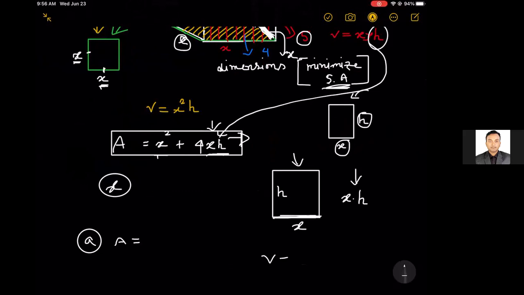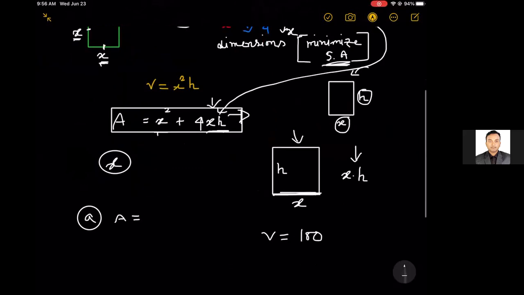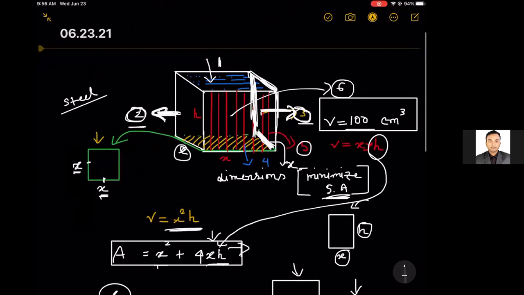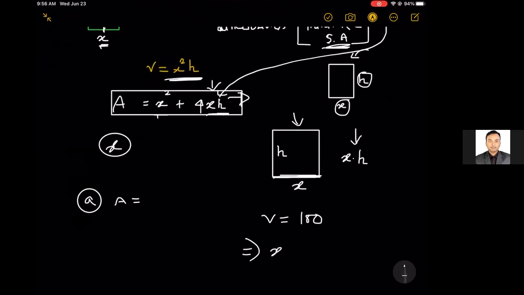So the volume is given, which is 100, and we know the volume for this particular problem, which is x squared h, right? So x squared h is 100. We want to replace this h, right?